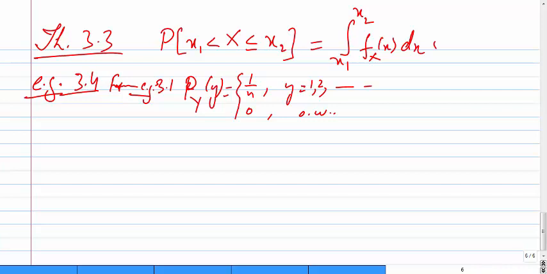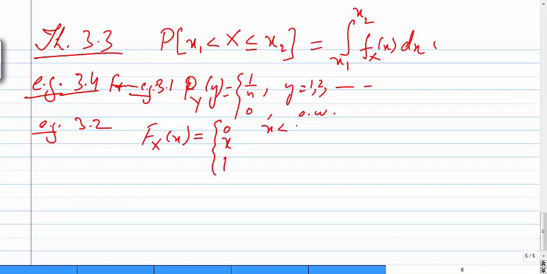Now if we look at example 3.2, it gives us the CDF. So the CDF is given as F_X(x): 0 when x is less than 0, x when x is between 0 and 1, and 1 when x is greater than or equal to 1.